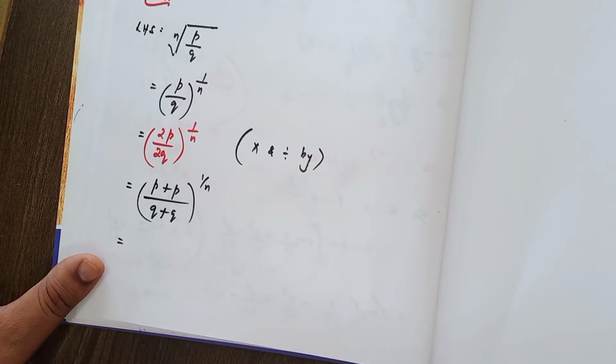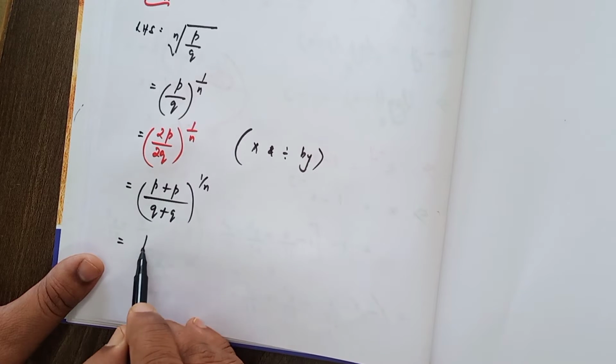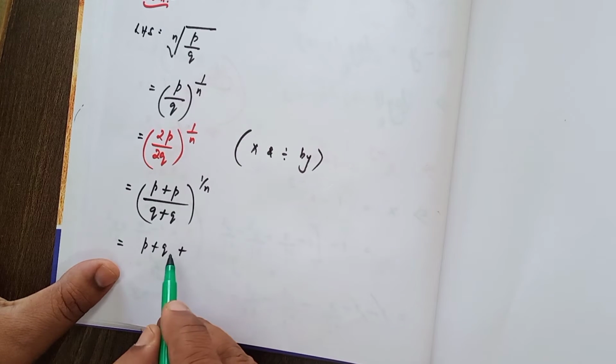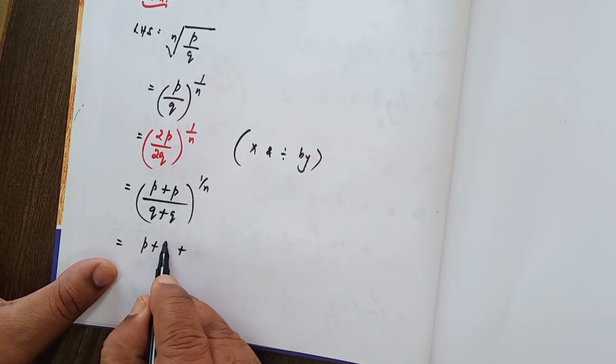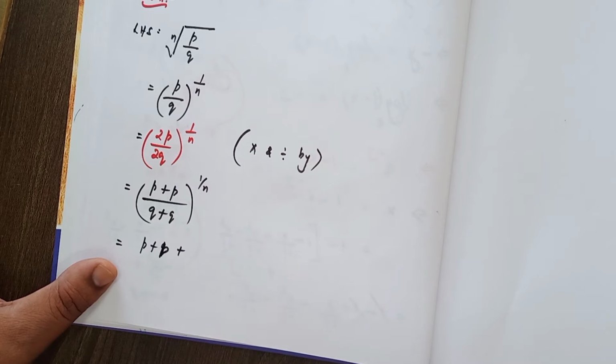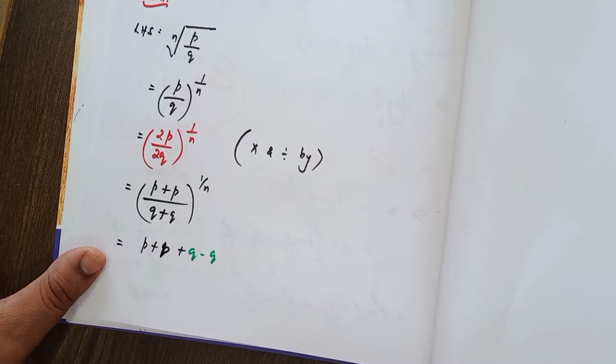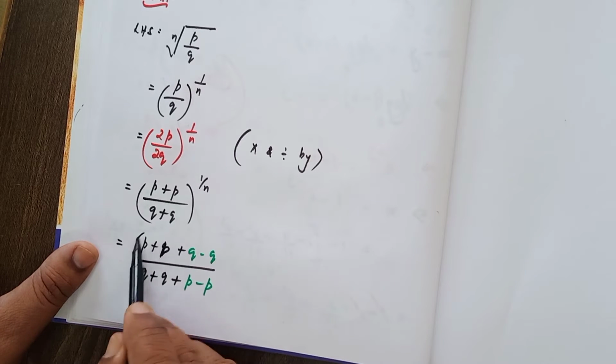The next step: p plus p in the numerator, then add q and subtract q, the value will not be changed. Like that, in the denominator, q plus q as it is, add p and subtract p, the whole power 1 by n as it is.